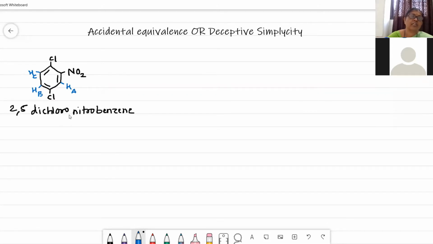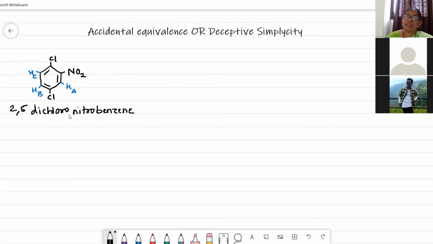But it is observed that the chemical shift value for proton B and C is nearly the same. Write down the term: proton B and C are chemically non-equivalent, but they have the same value of chemical shift.